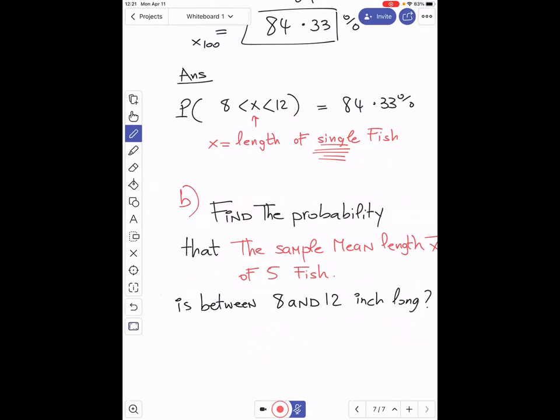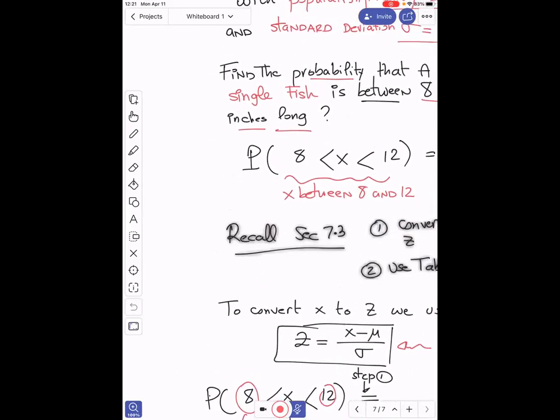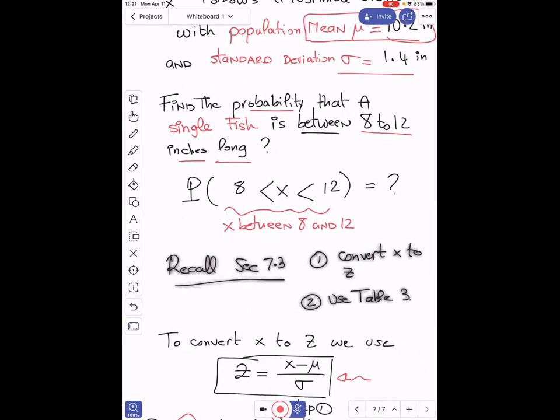This question is very different from the previous one, where we took just a single fish at random and asked for the probability that one fish is between 8 and 12 inches long.